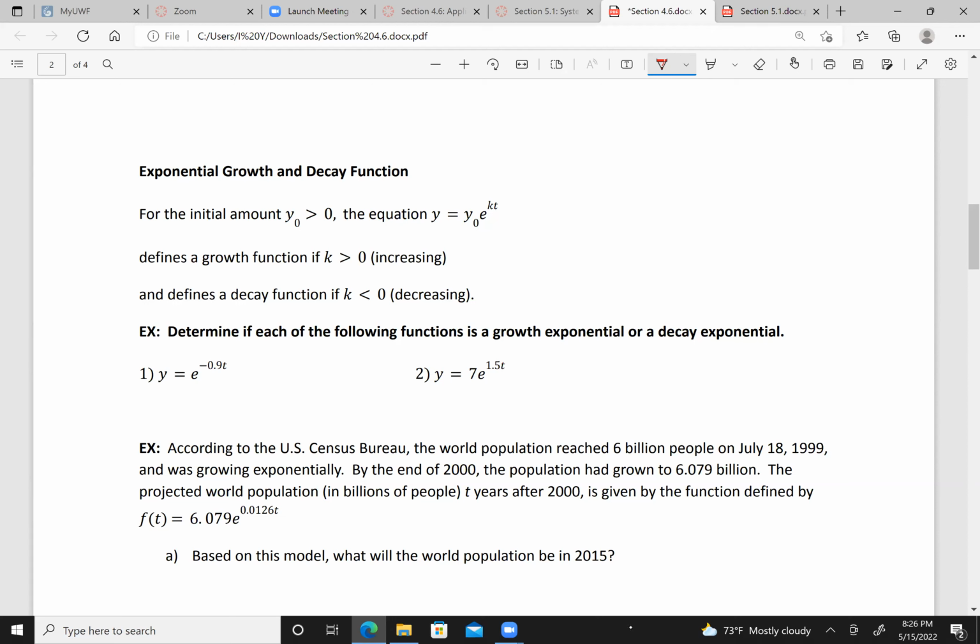So determine if each of the following functions is a growth or a decay exponential function. So what is k here? K equals negative 0.9. So this is decay. Here k equals 1.5. So this is growth.